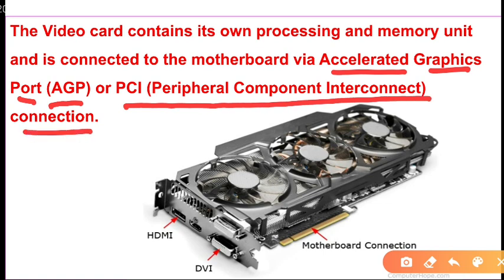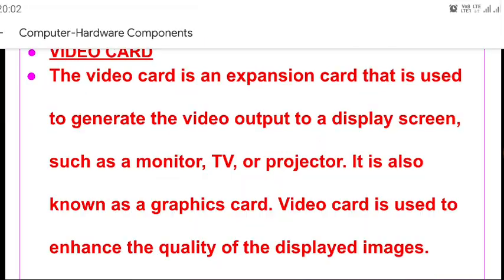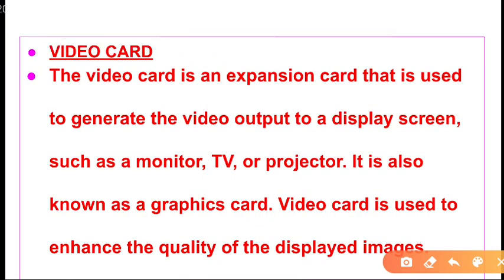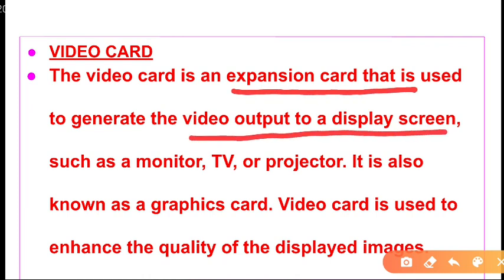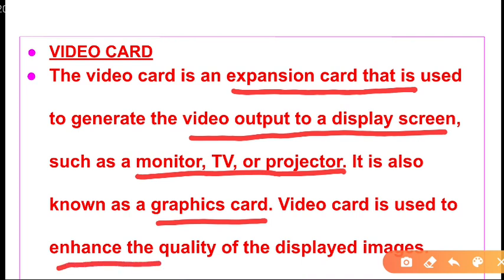So this is it about the video card. Let me quickly revise what a video card is. A video card is an expansion card that is used to generate video output on the display screen such as a monitor, TV or a projector. It is also known as a graphics card, and it is used to enhance the quality of displayed images on your computer.